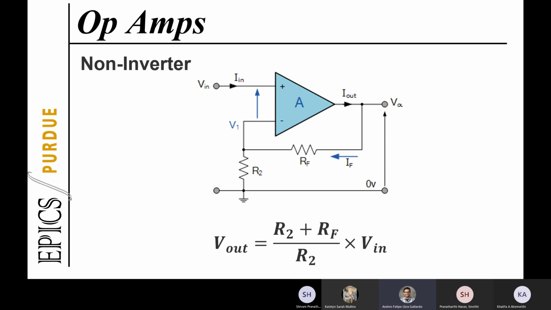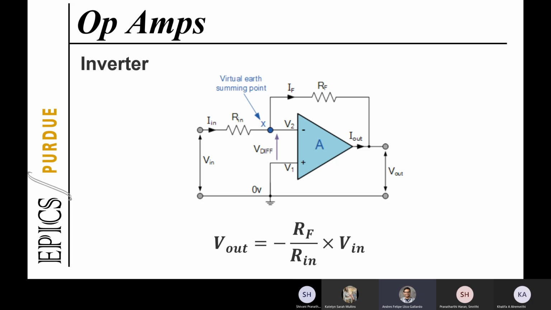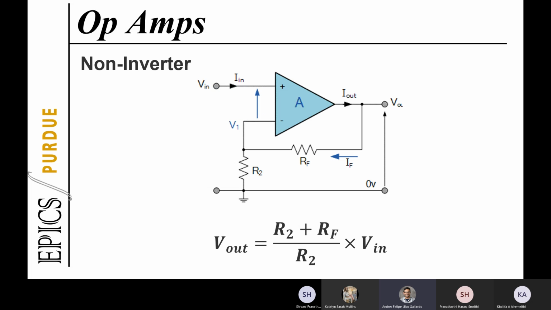As opposed to the other one, the inverter, here there is a restriction. With the inverter you can either amplify or reduce the input, so you can go both ways, up and down. For the non-inverter configuration, you cannot do that. So it's either no amplification, in the case that RF is very small, or you have an amplification that is at least 1.